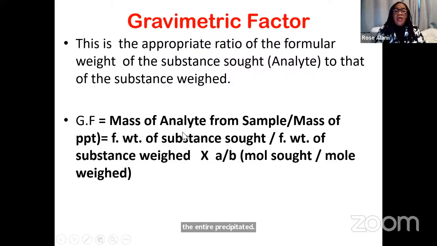Now, the initial formula I gave you in the very first lecture captures everything, including the gravimetric factor. But here, I'm trying to show you how you can calculate by just calculating your gravimetric factor and multiplying it by the mass of analytes in the sample over the mass of precipitate.